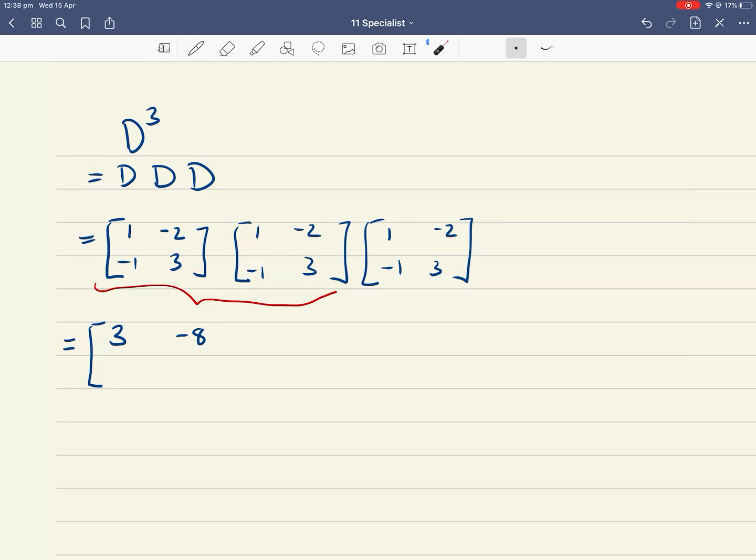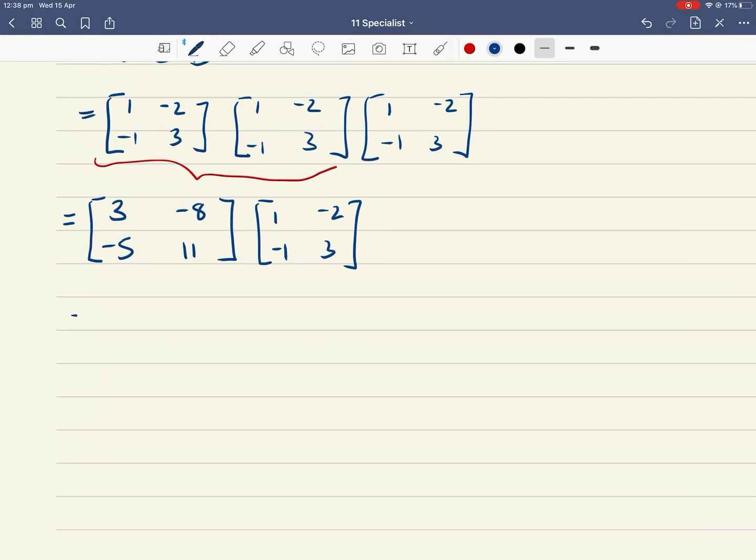Then row 2, column 1: -1 and -4 gives me -5. So that's the row 2, column 1 entry. And lastly, the row 2, column 2 entry gives me +2 plus 9, which is 11. So yes, we expected that to be a 2 by 2. So copy that down.